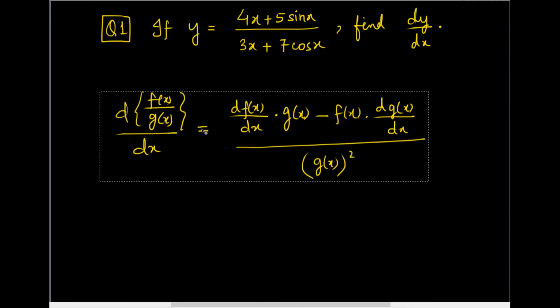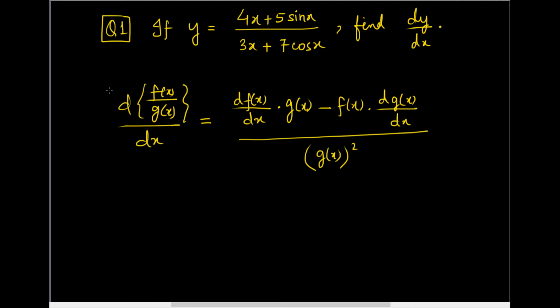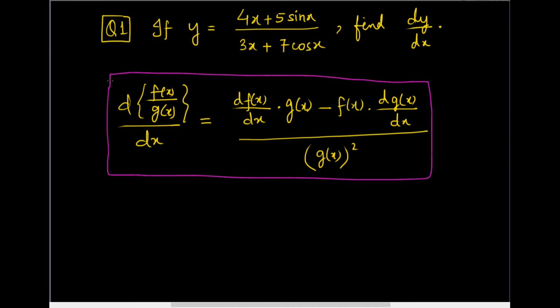So this is the formula. Now let me just circle it so that you can distinguish it. Now, the function y equals 4x plus 5 sin x over 3x plus 7 cos x. There are two ways to differentiate it.